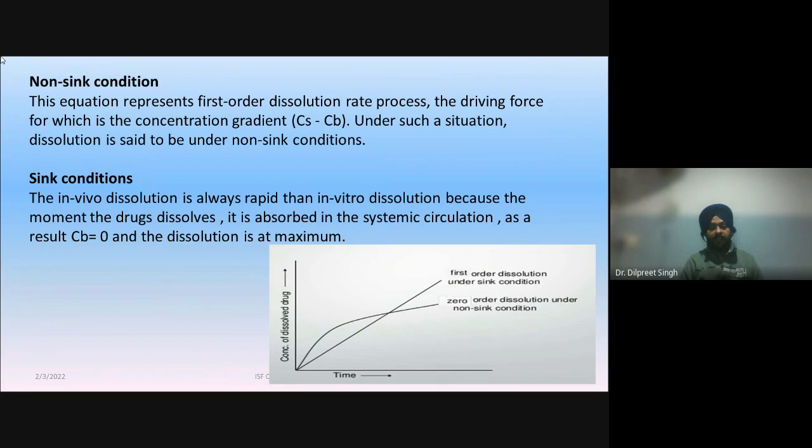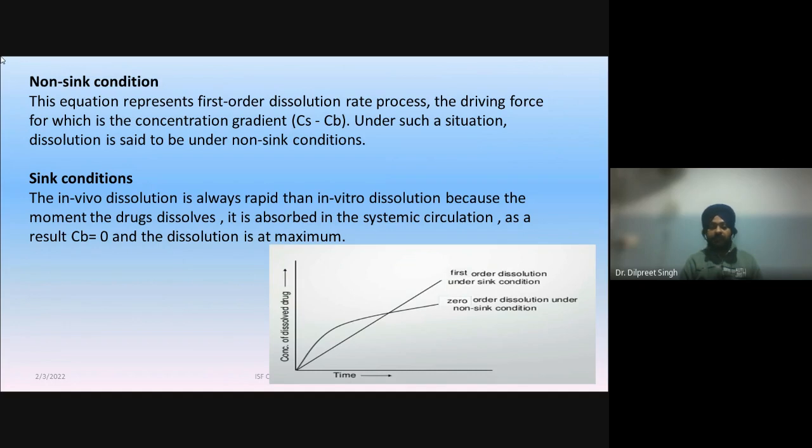When we talk about sink condition, in vivo dissolution is always more rapid than in vitro dissolution, because in vivo the drug dissolves in the stagnant layer and dissolution is much faster compared to in vitro. In vivo, the drug is absorbed into the systemic circulation.